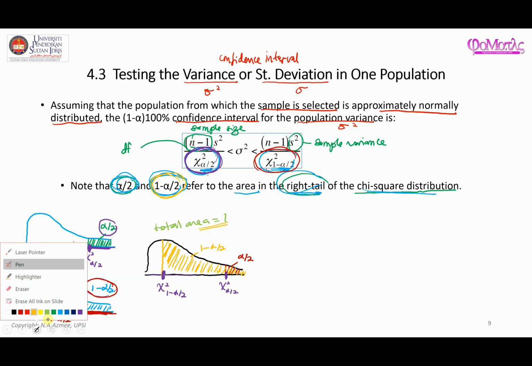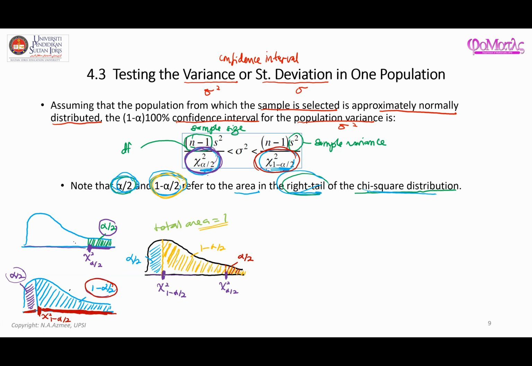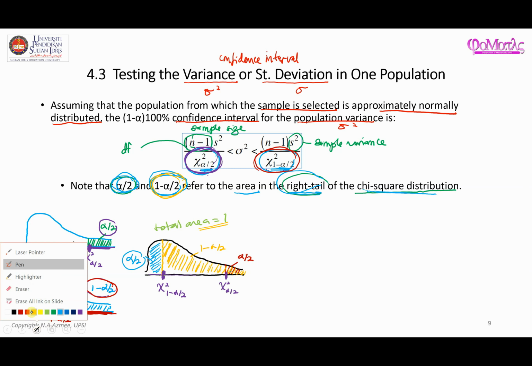Therefore, you can say that this area must be equal to alpha over 2. So this alpha over 2, the blue area here, is similar to the red area. This is alpha over 2, and the red area is alpha over 2.